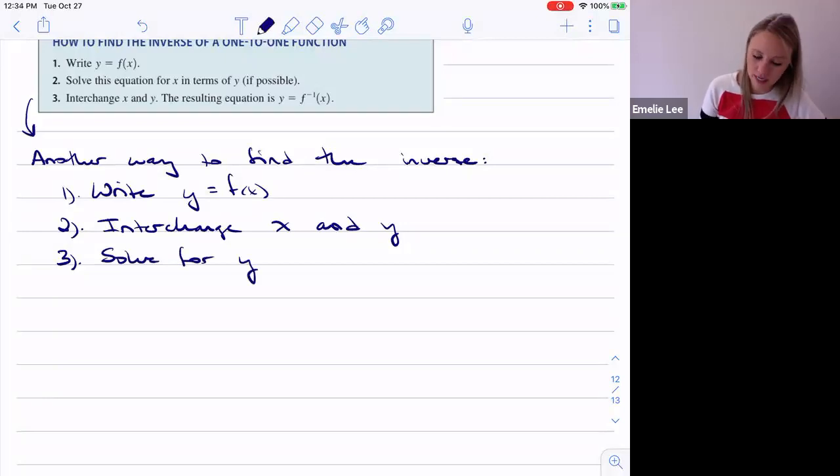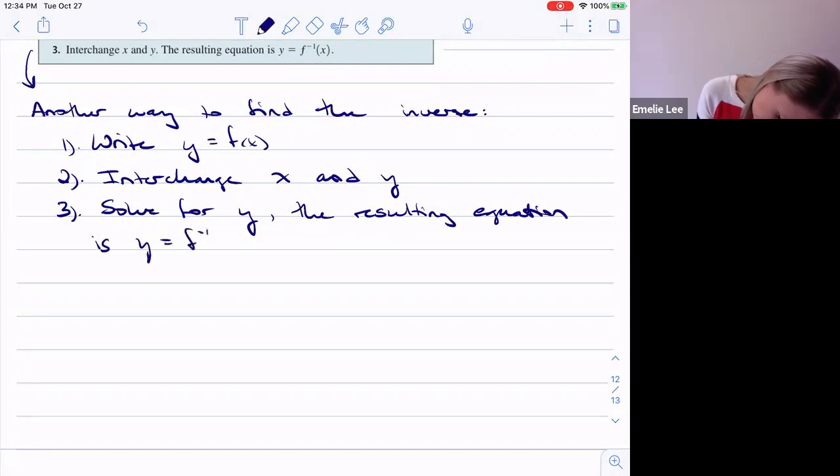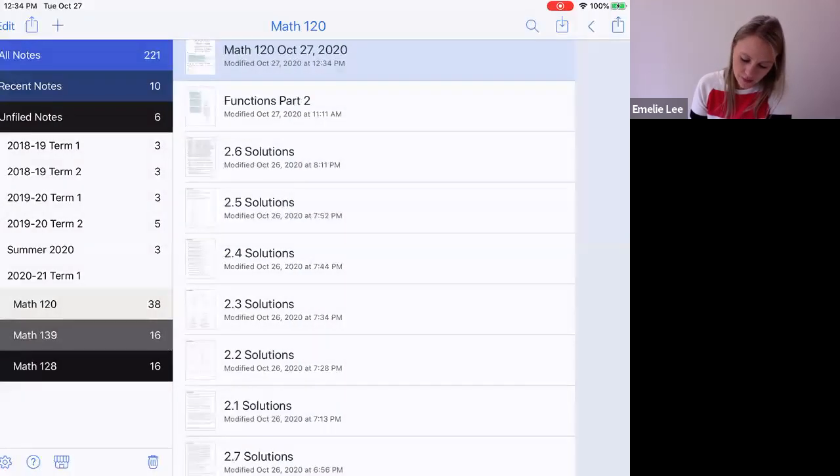Instead of solving for x up here and then switching x and y, all I've done is switch x and y first and then solve for y. Solve for y, the resulting equation is y equals f inverse of x. Okay, so let's do an example.